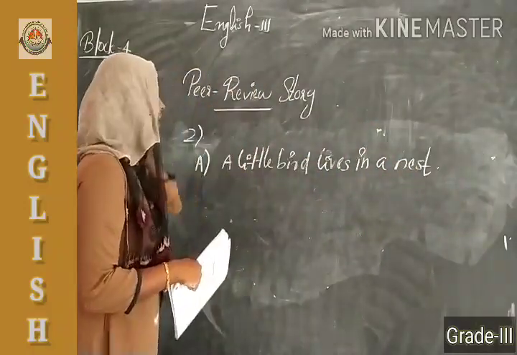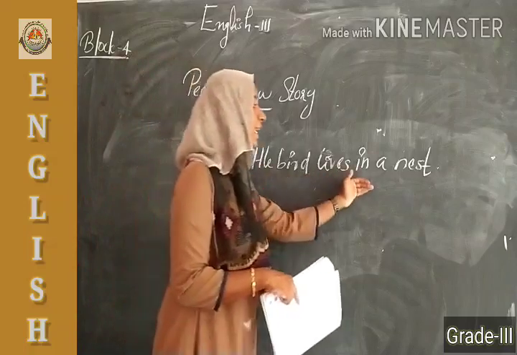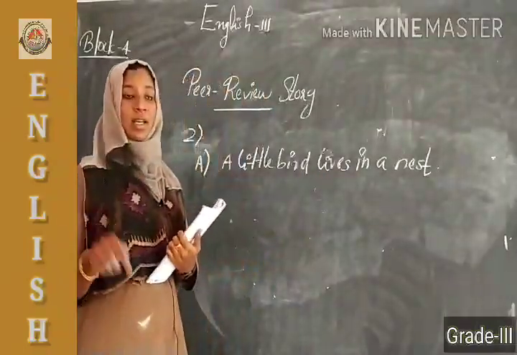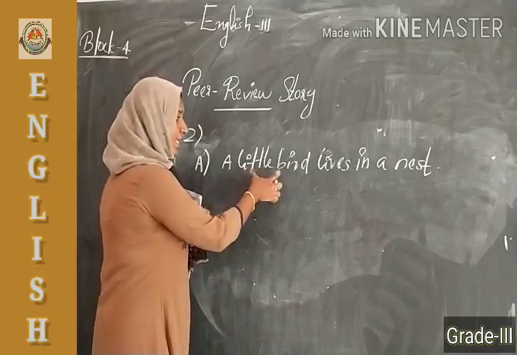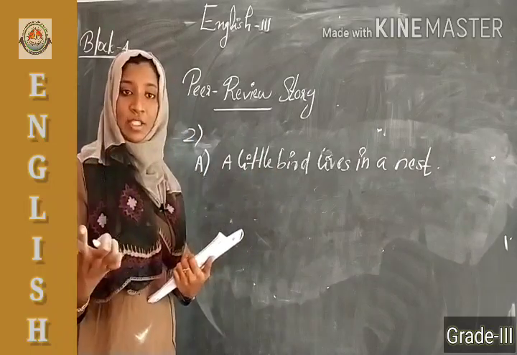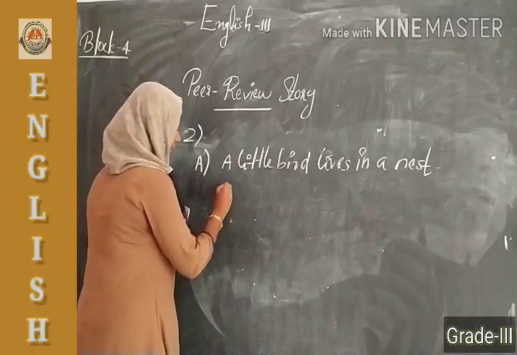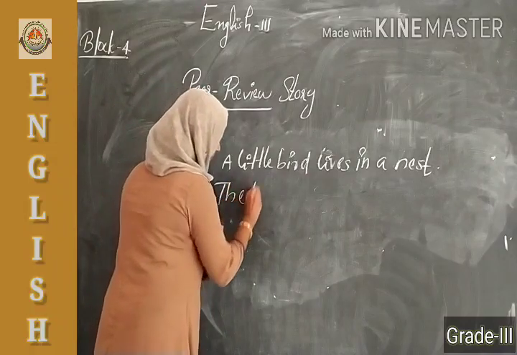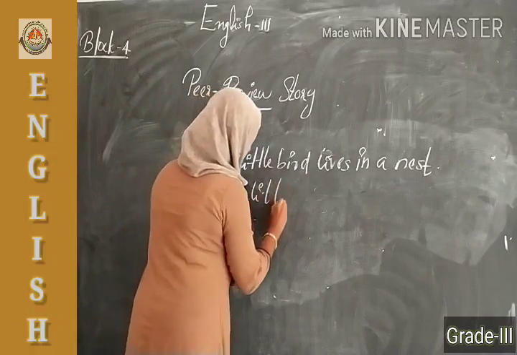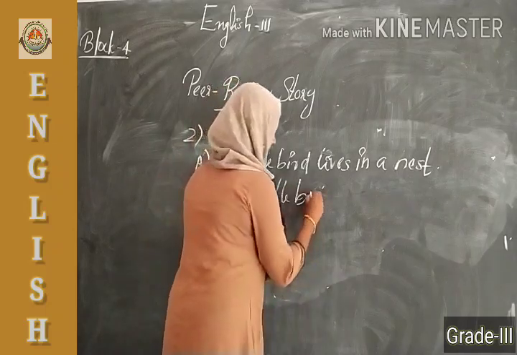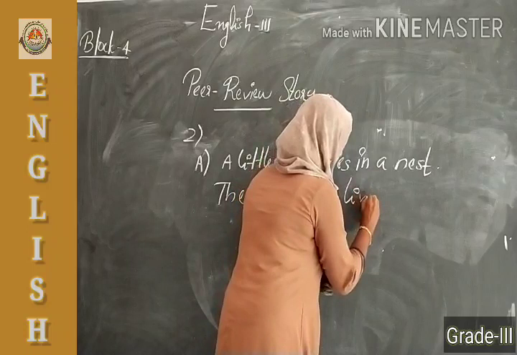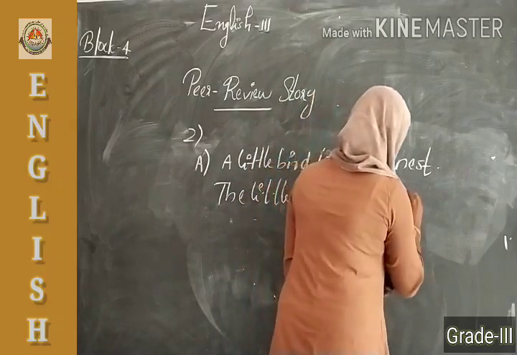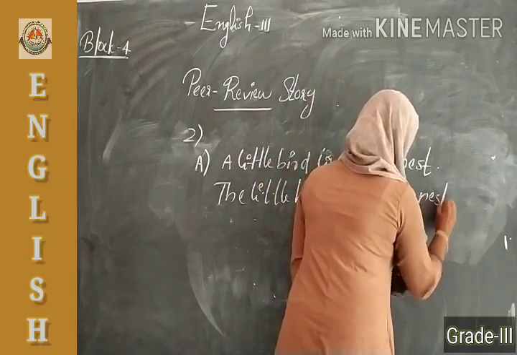Here the sentence, a little bird lives in a nest, is a single one, isn't it? A little bird. So we can change it into many. So we can change it: the little birds live in a nest.